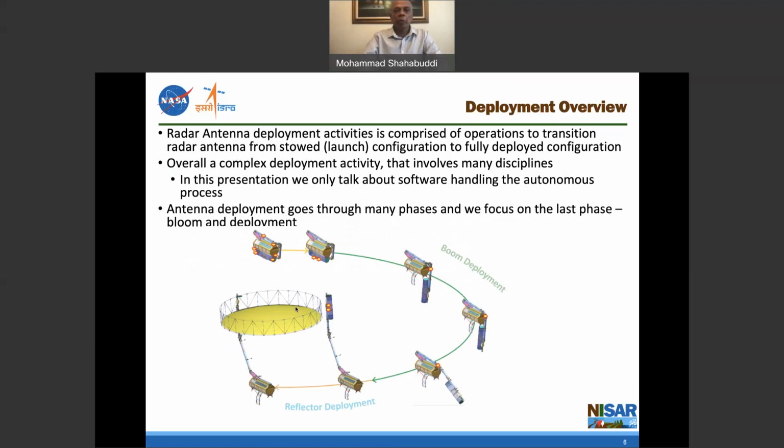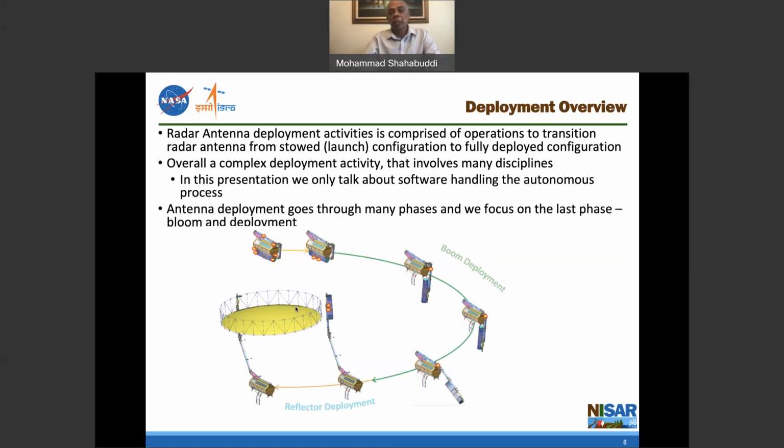A little bit more about the deployment overview. The radar antenna at the time of launch is in a stored configuration, and it goes from that configuration into a fully deployed configuration.